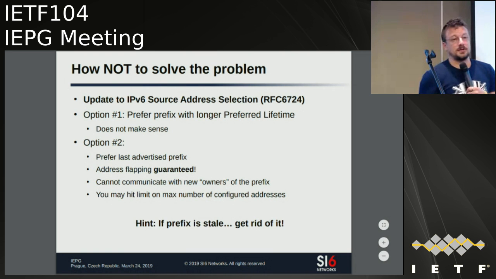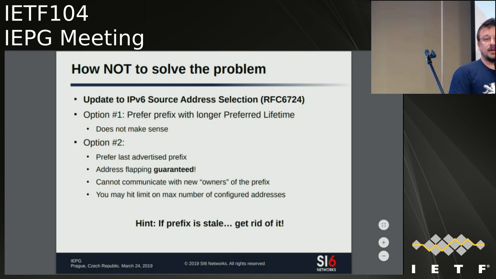Another option, which is better than option one, is to associate a timestamp with each prefix that is advertised on the network, a timestamp that indicates when was the last time that the prefix was advertised.